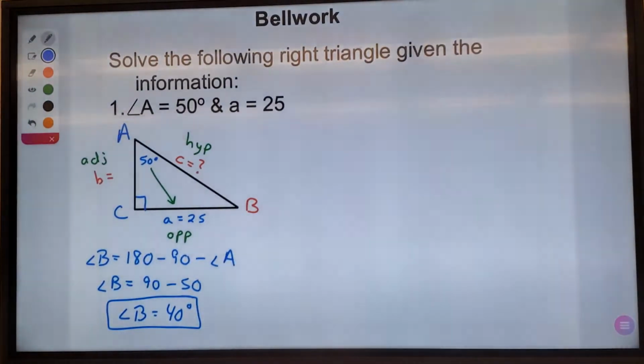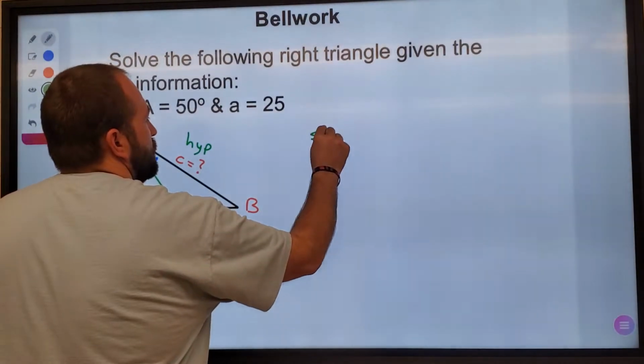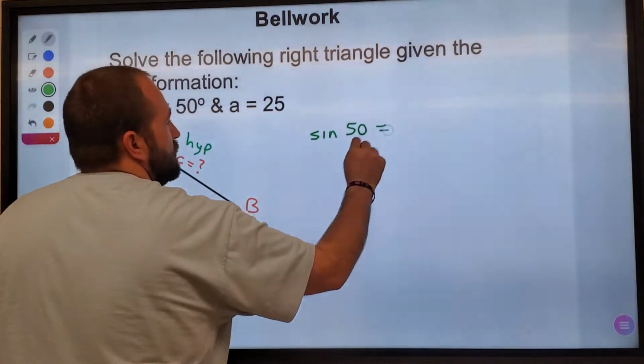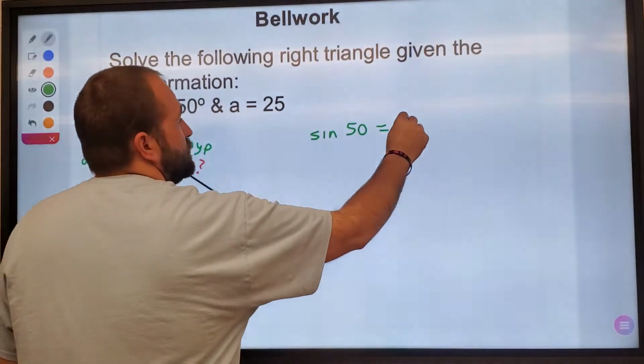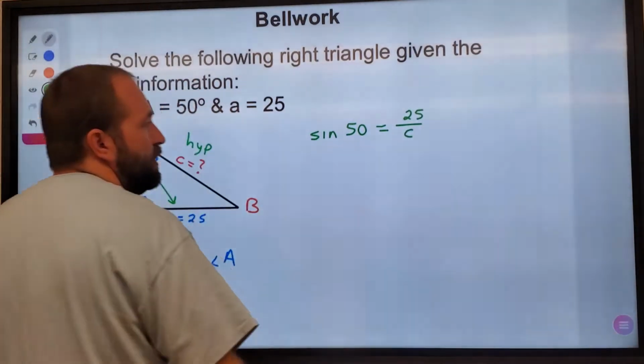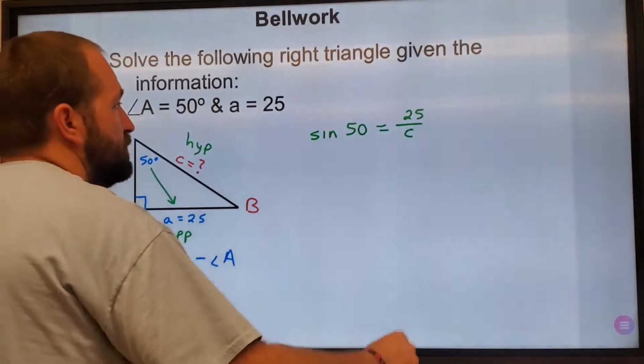For the remaining two pieces that are missing, the side lengths, we're going to set up the ratios. So we set up sine of 50 degrees is equal to the opposite, which is the 25, over the hypotenuse, which we don't know. I'm going to set up cosine over here.